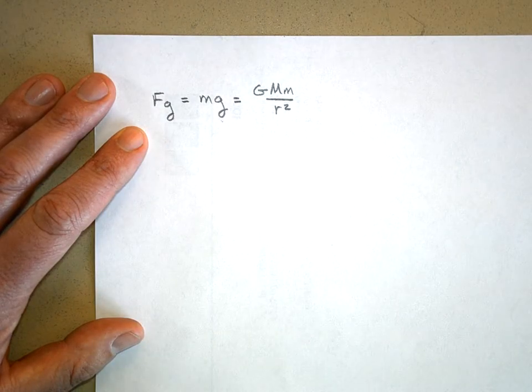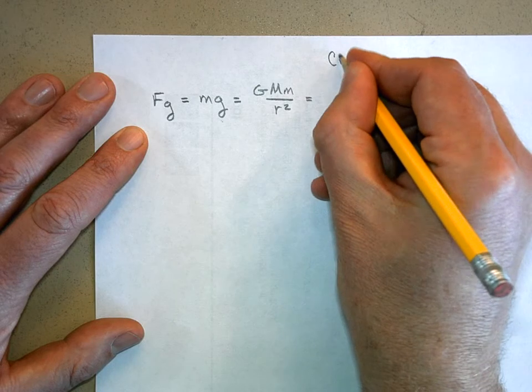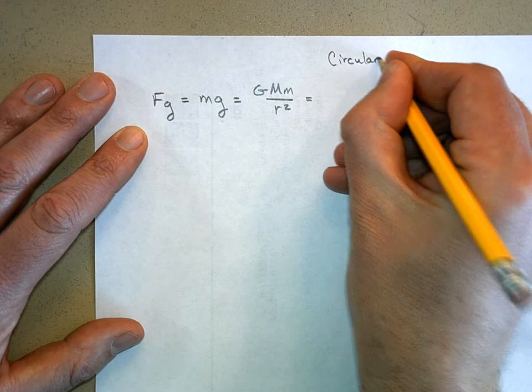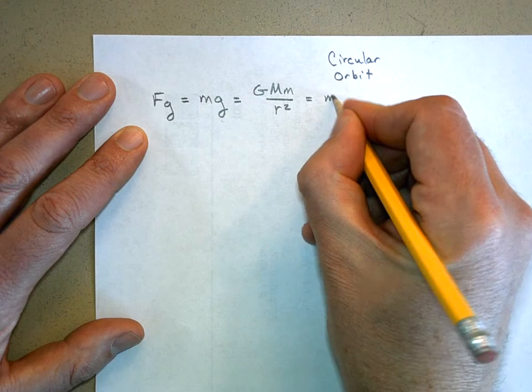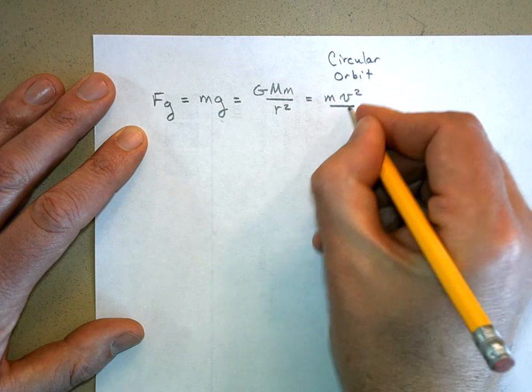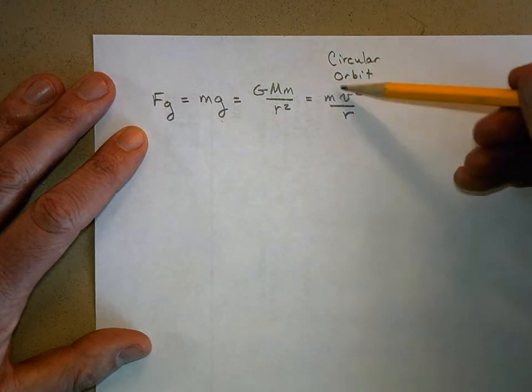And if you're in circular orbit, it's equal to mv squared over r. It's a centripetal force. Now remember, this is only true if you're moving in a circle.